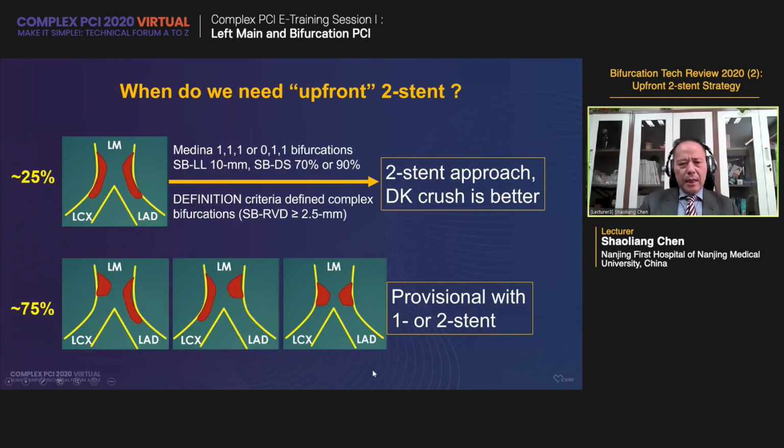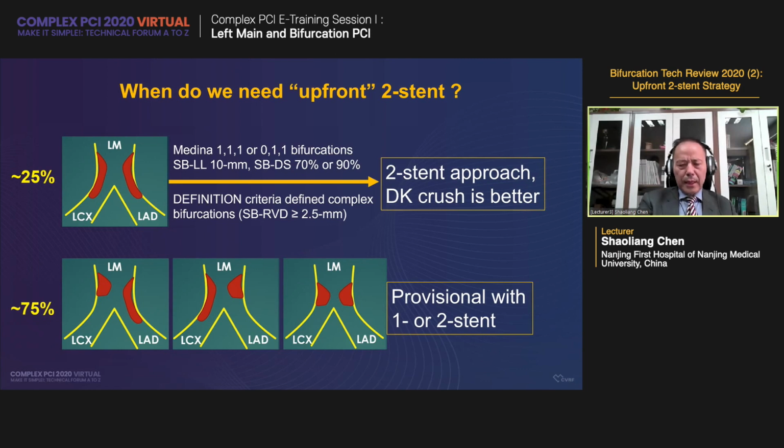So in the last 2 slides, I'd like to discuss something about the provisional stenting technique. As SJ said, almost 25% of bifurcation lesions could be classified as complex bifurcation lesions according to our definition criteria: side branch diameter a minimum of 2.5 millimeters, side branch lesion length 10 millimeters, and diameter stenosis 70% for distal left main or 90% for non-left main bifurcation lesions. So a two-stent approach, I think, could be the first choice.